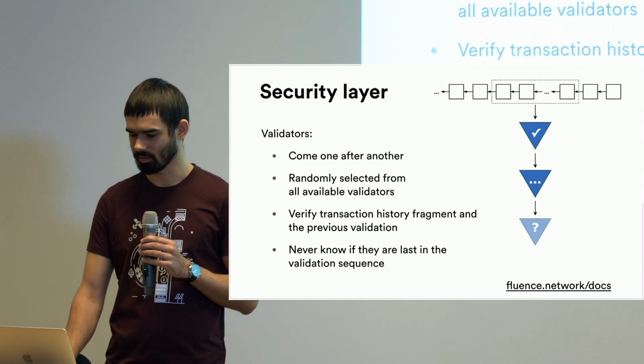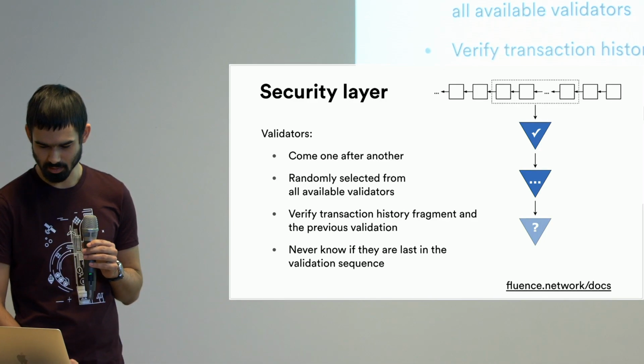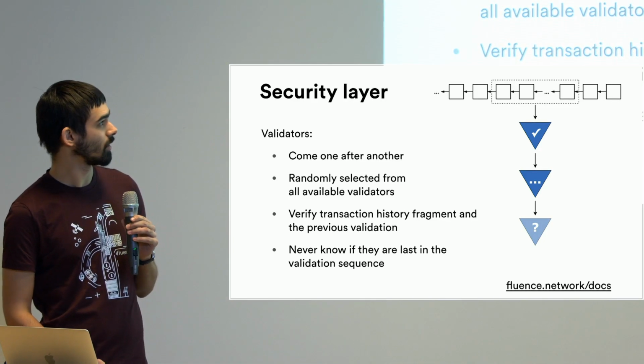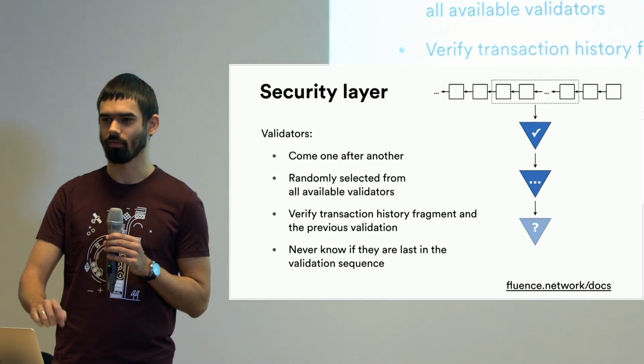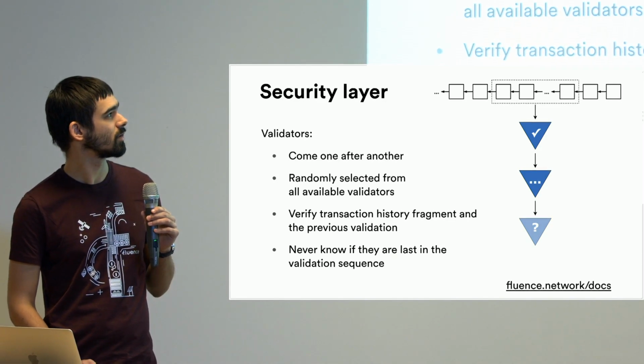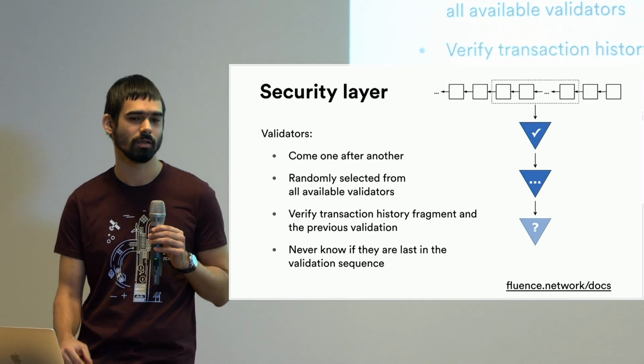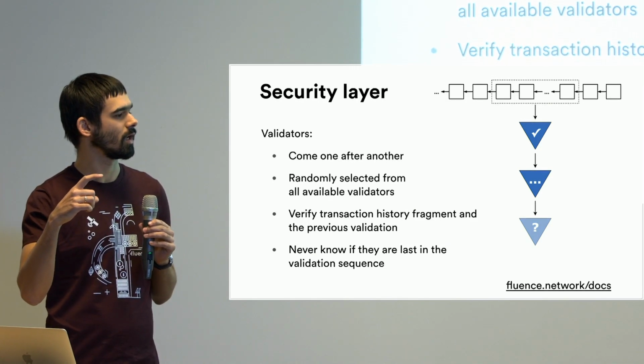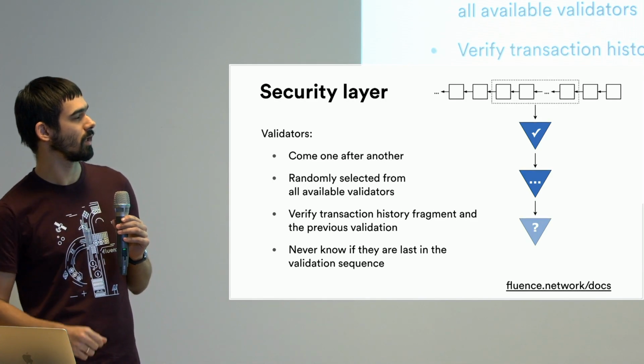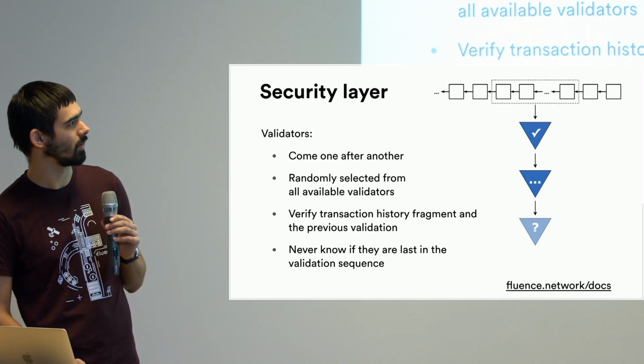How is the validation performed at network scale? Here we have a chain of blocks which are stored in Swarm. These blocks contain transactions and are built from Tendermint blocks of real-time transactions.